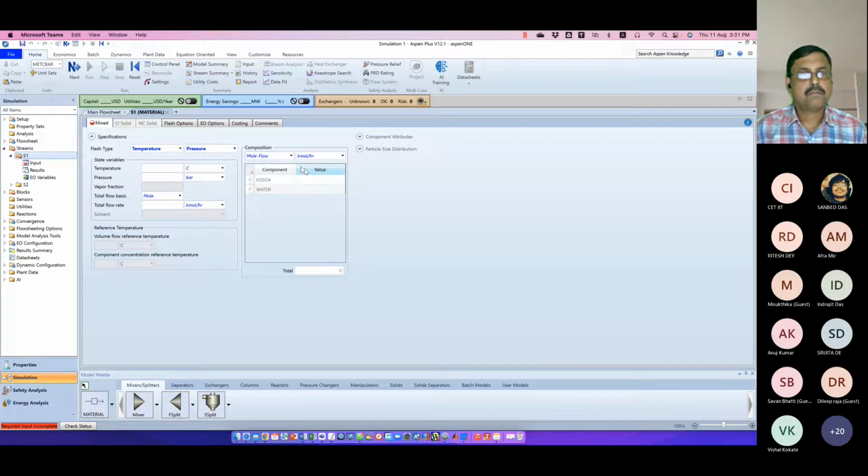So what is the mole fraction that you set? 0.24. Yes, sir. So if it is 0.24, you just write 0.24 or 25 say, and then give 75% of water, give 1 mole, and if it is at room temperature, make it 25 degrees centigrade, 1 atmosphere pressure, and then block.